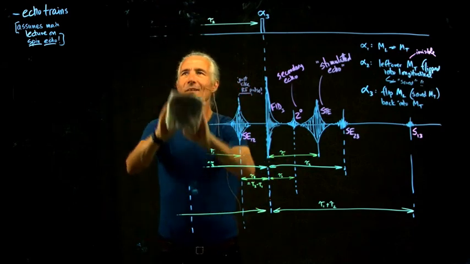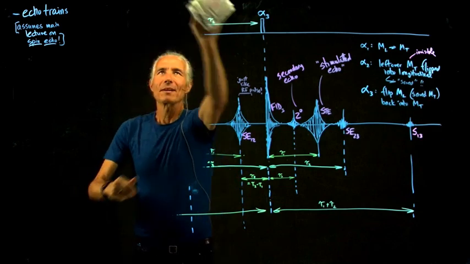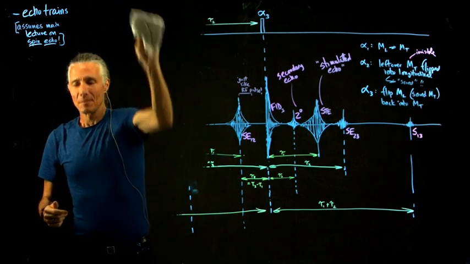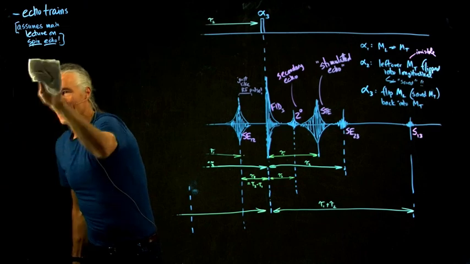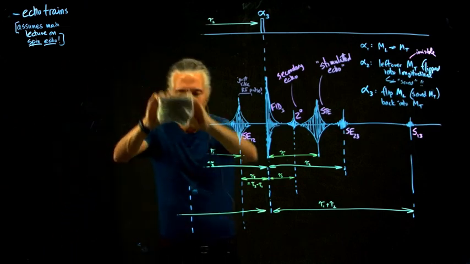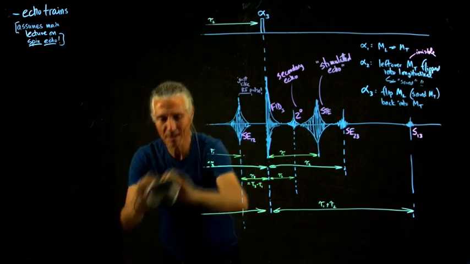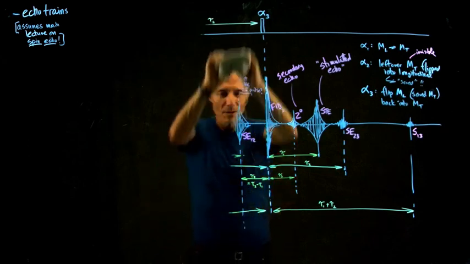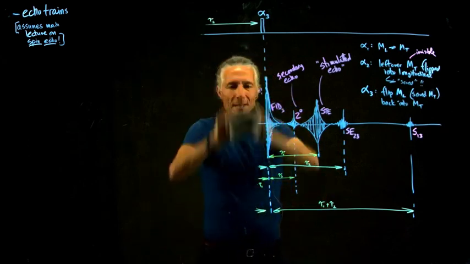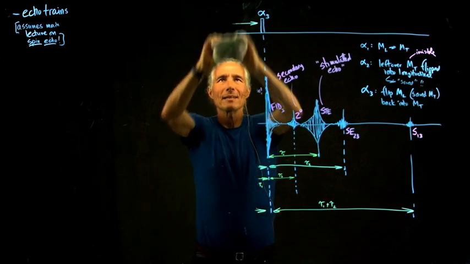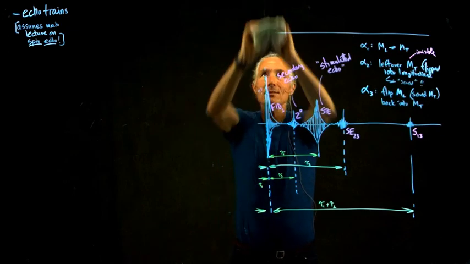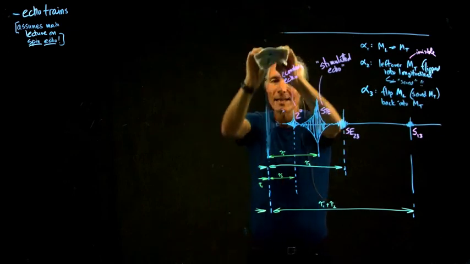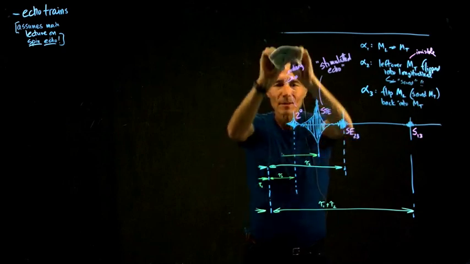As I'm erasing, we didn't say what the echoes are for. Well, remember, MRI is all about recording a signal. If you don't have anything to record, it doesn't matter if you've got some transverse magnetization in there that's all dephased and hidden. That's no good because you can't record it.